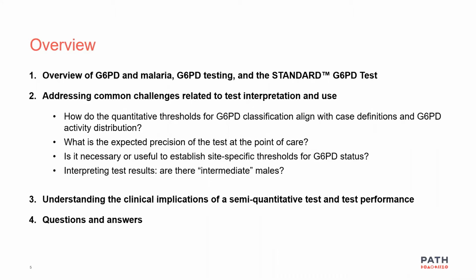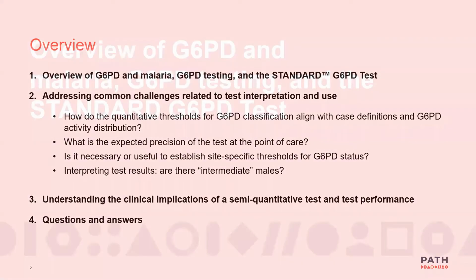And then finally, some data we have around the test results that indicate males testing in this intermediate status. Then we'll close with exploring and understanding the clinical implications of this semi-quantitative test and test performance. And then we'll move on to some questions and answers from the group. Next slide.